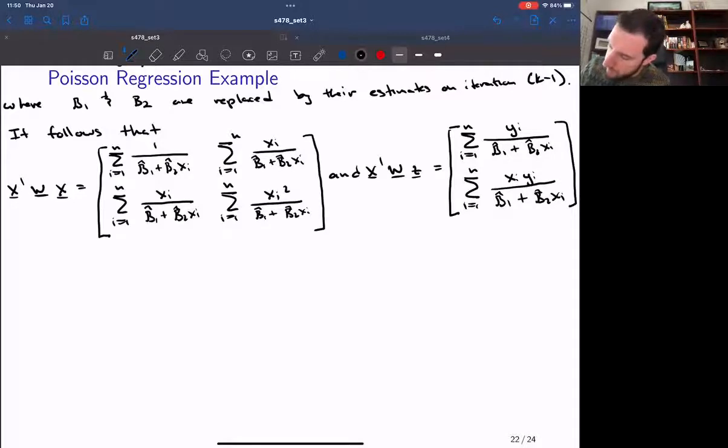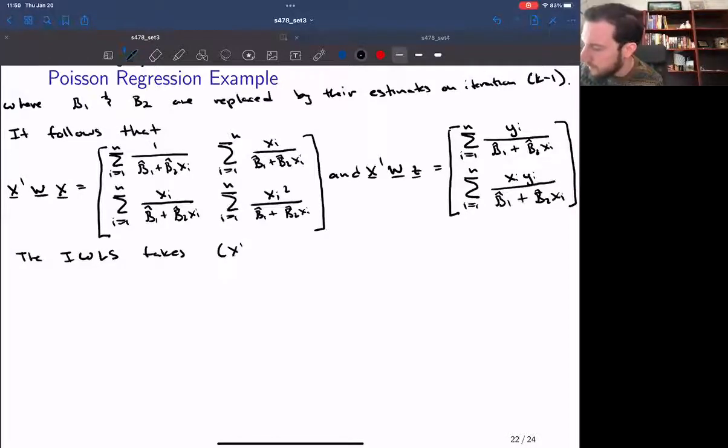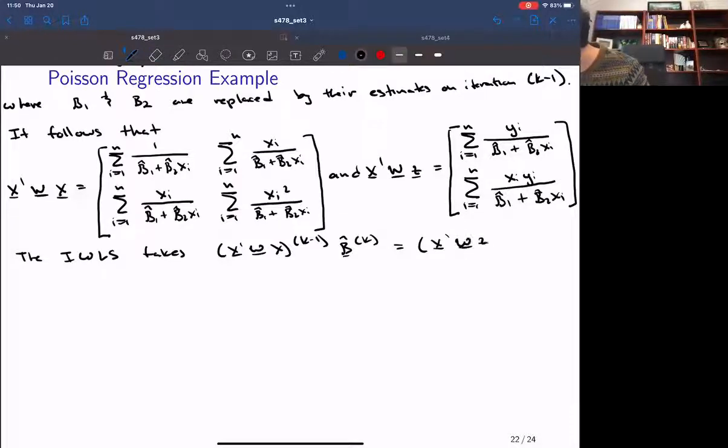So the IWLS takes X transpose W X on iteration k minus 1, multiplied by beta hat on iteration k, equal to X transpose W Z on iteration k minus 1.